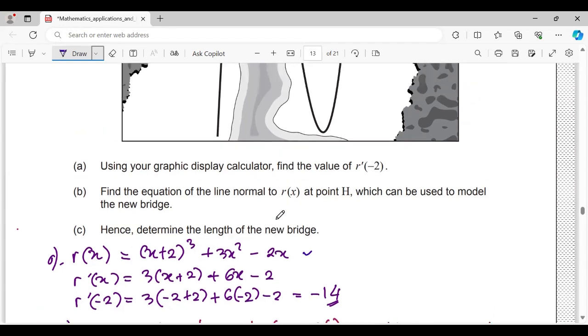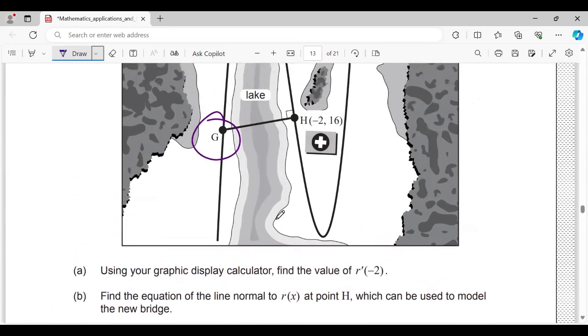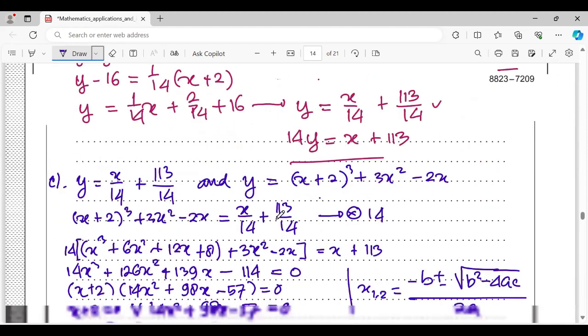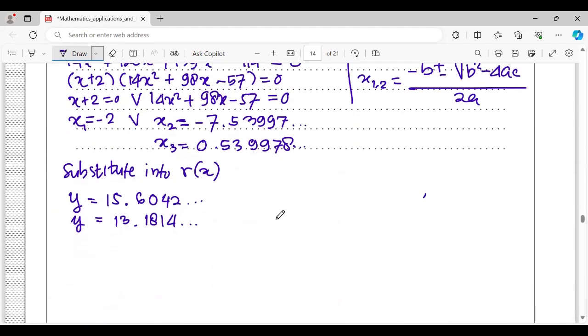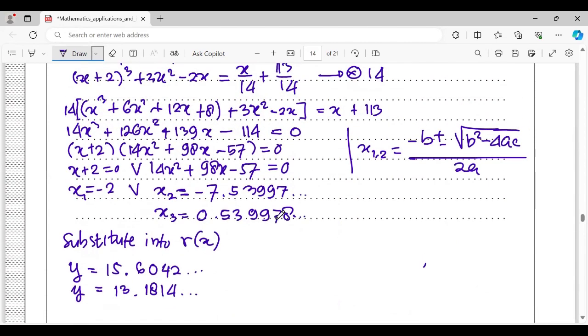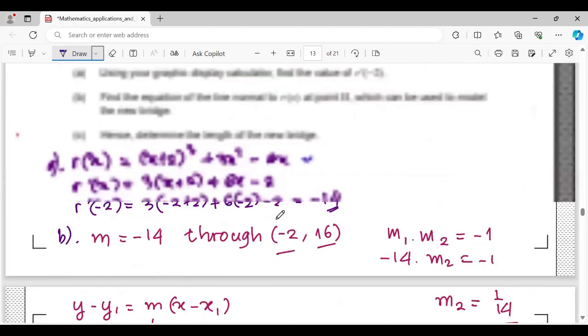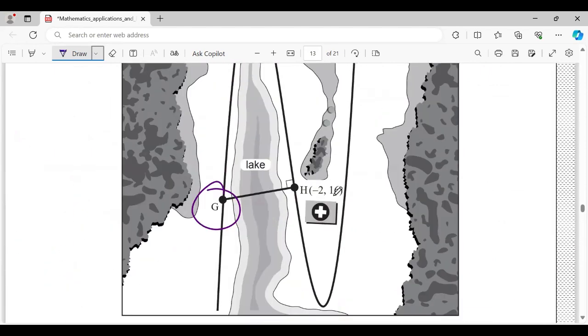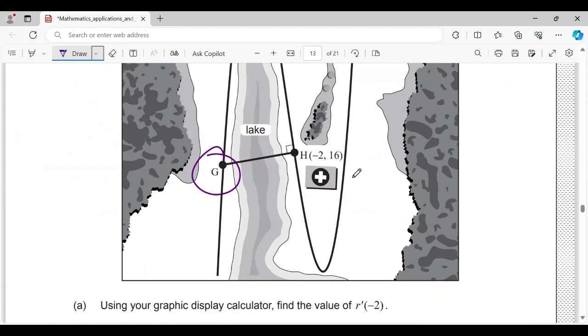Next, if x equals minus 2, y equals 16. Yeah, this is the point. If x equals minus 2, y equals 16.